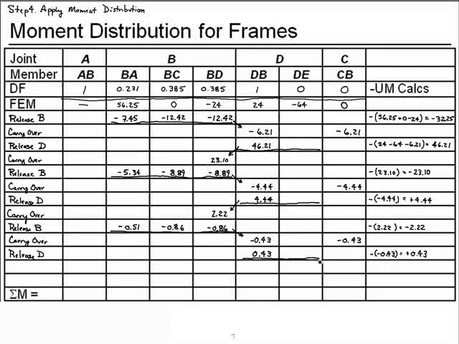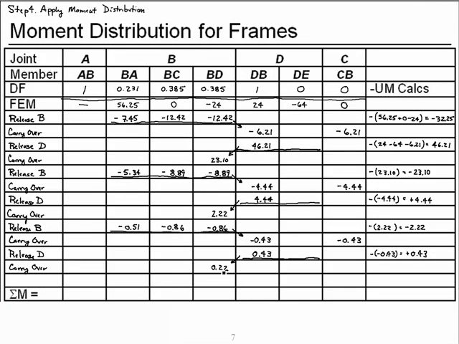None of it goes into the cantilever member DE. And that node is in equilibrium. Let's carry it over to the other side of the member BD, and we distribute a 0.22 is what we'll round that off to.